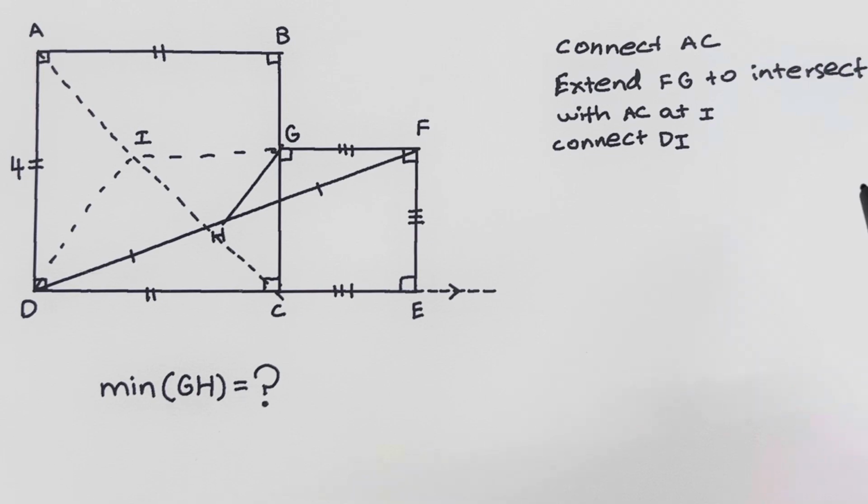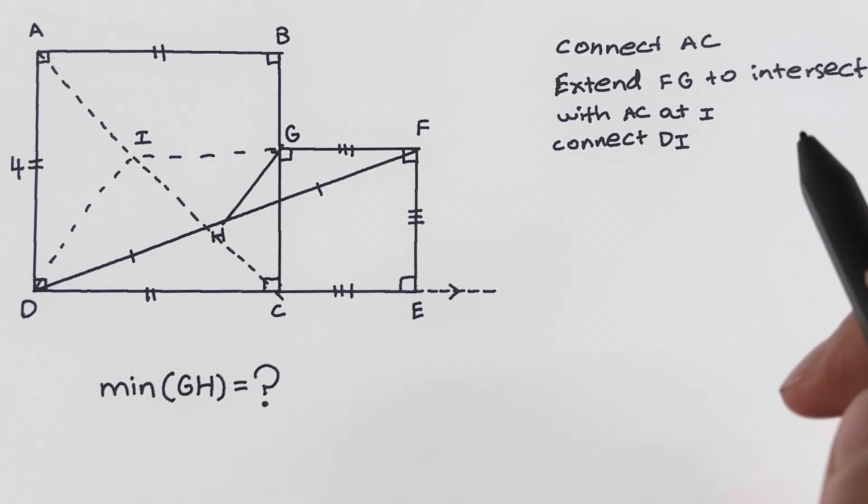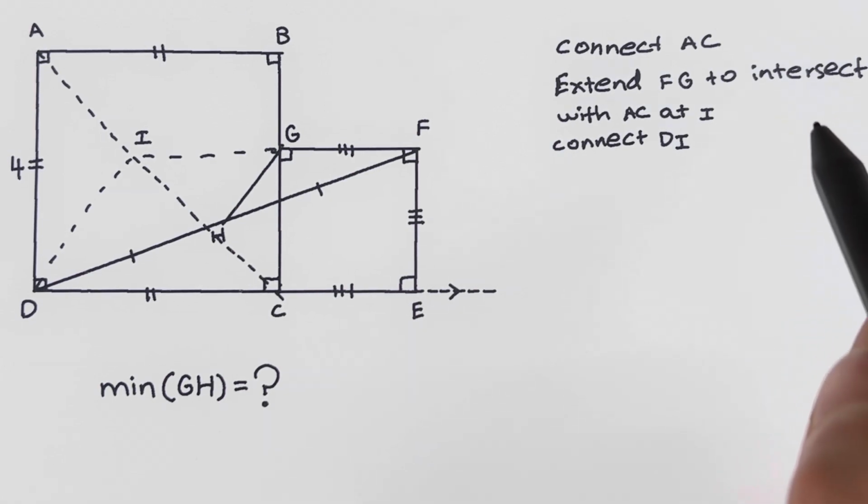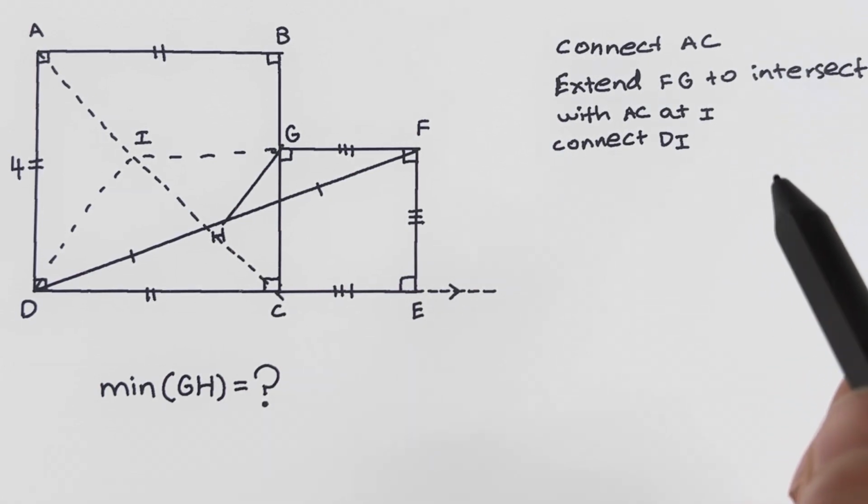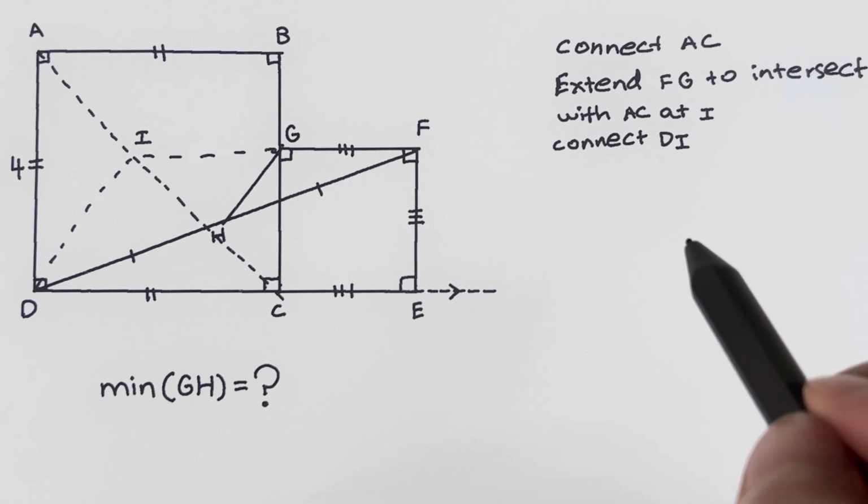So after we connect DI, we'll know that our goal will be to prove that GH is the midsegment.